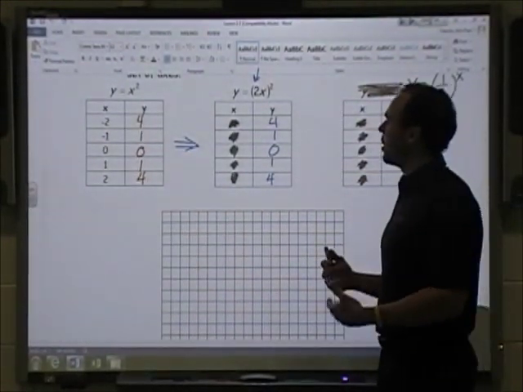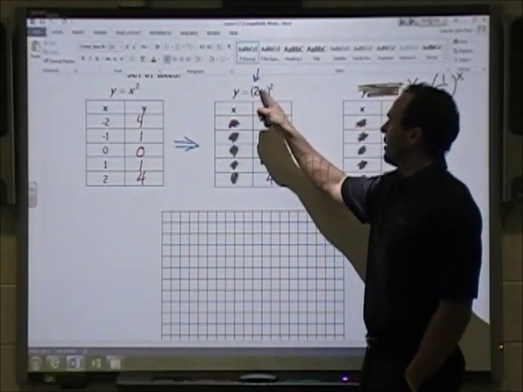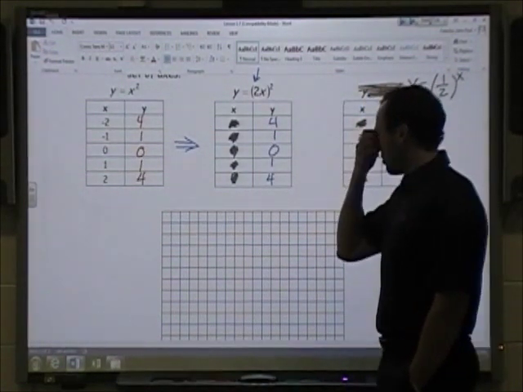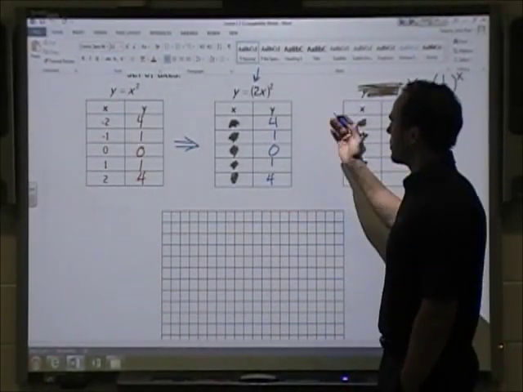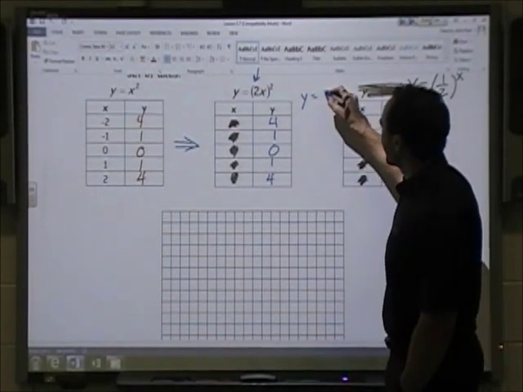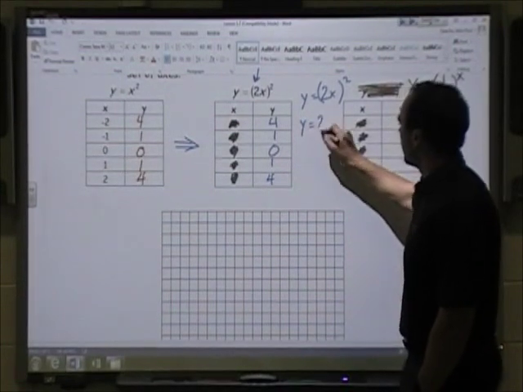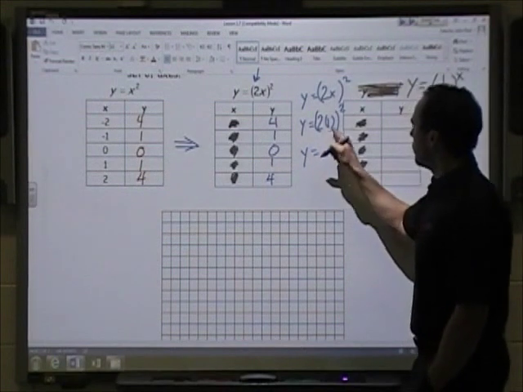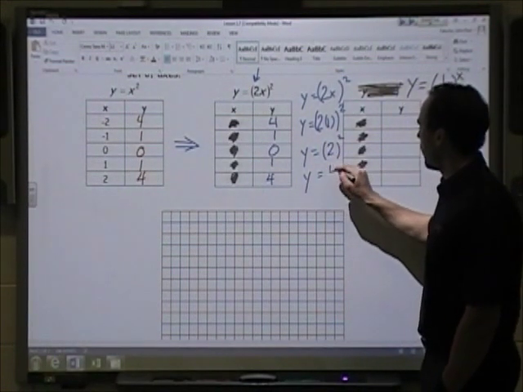And I'm going to ask myself, what x value should I plug in here to give me the answer y equals 4? So I start playing backwards. I start playing with numbers, and I say, you know what? If I plug in x equals 1, 2 times 1 in the brackets is 2, all squared, and that is what will give me 4.